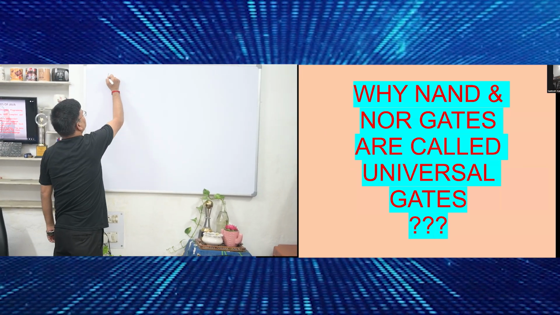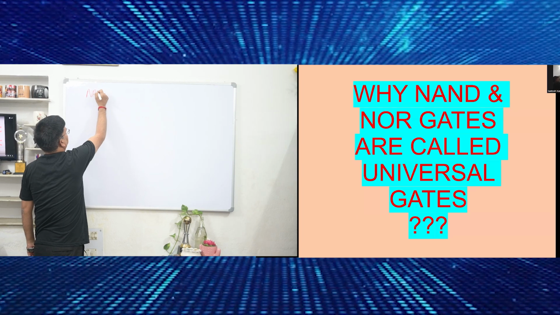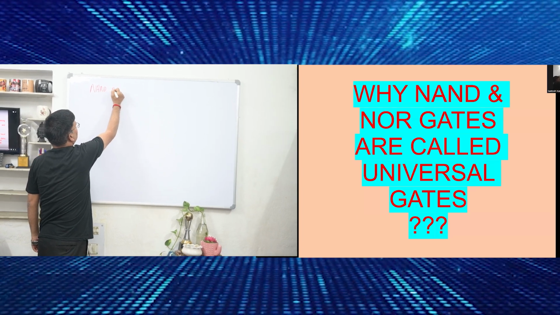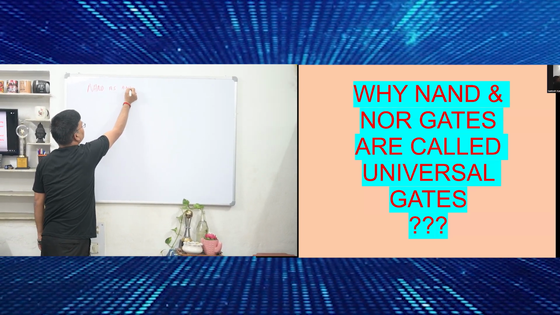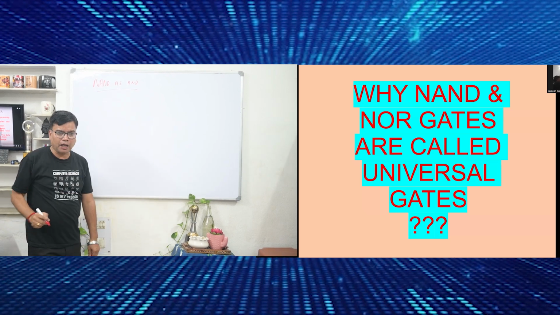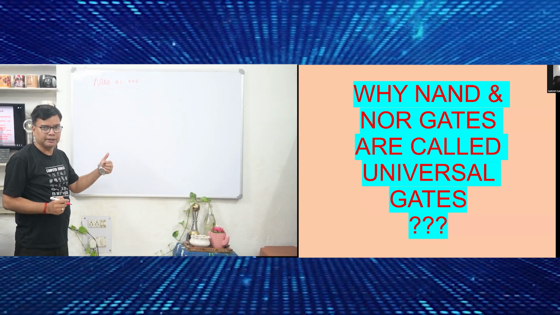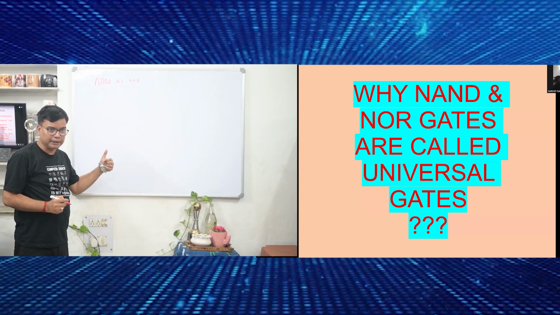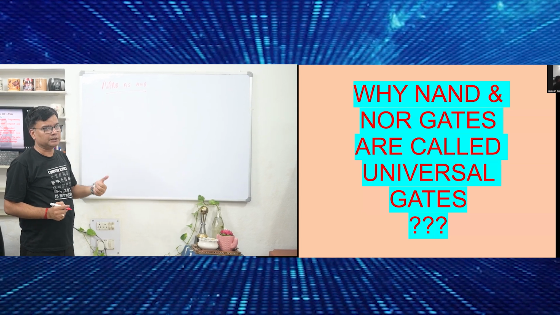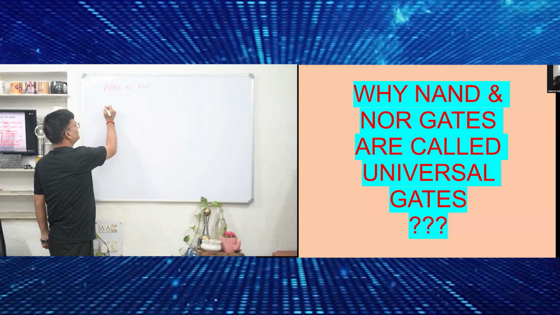First let us consider NAND as AND. It means I have the NAND gate and I want the output of an AND gate. I have the NAND gate, but the output which I require will be of an AND gate. What should be done?